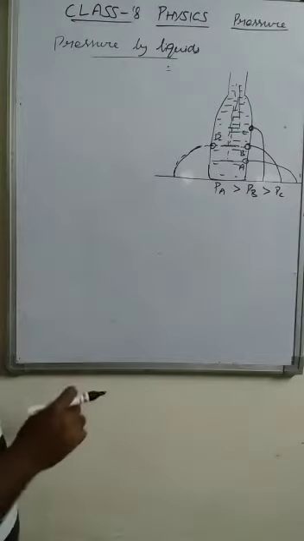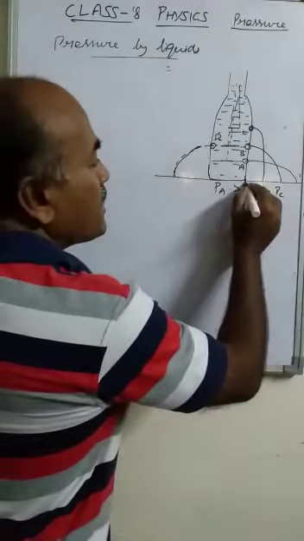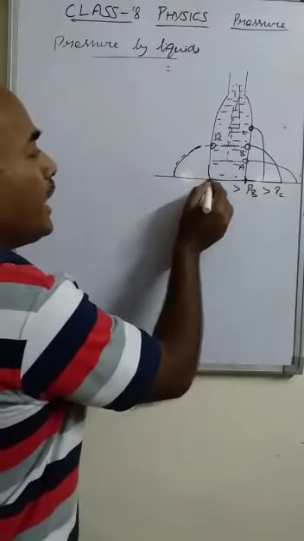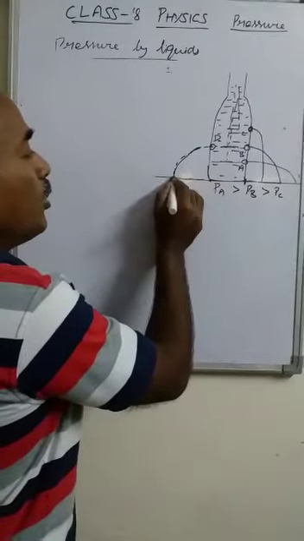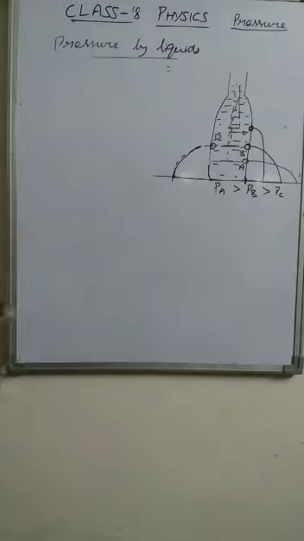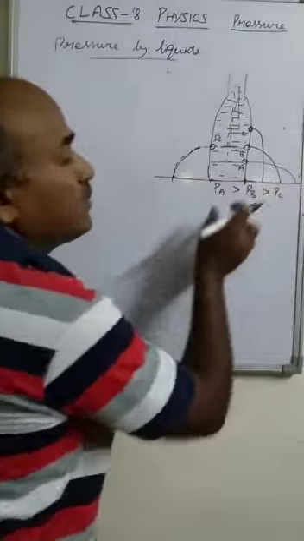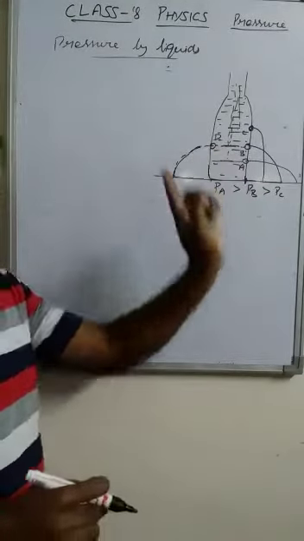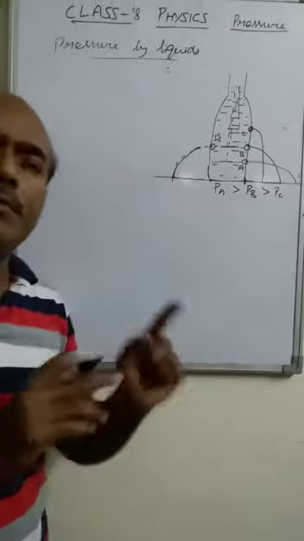Now if you measure the distance of the water striking from the hole B and water striking from the hole D, you will get the same result. The same result means the water from both the holes comes out with the same speed.